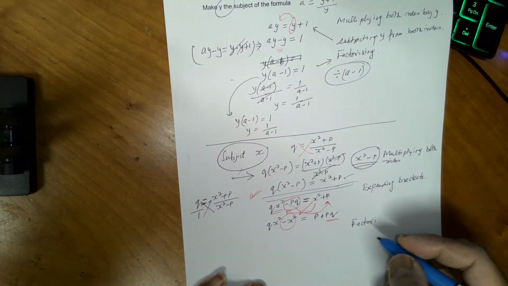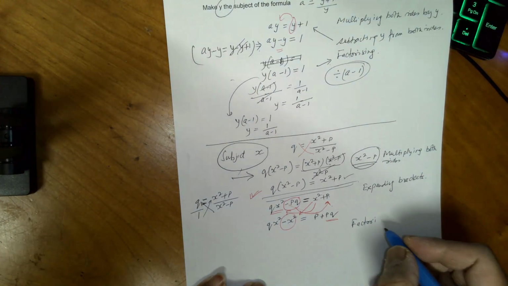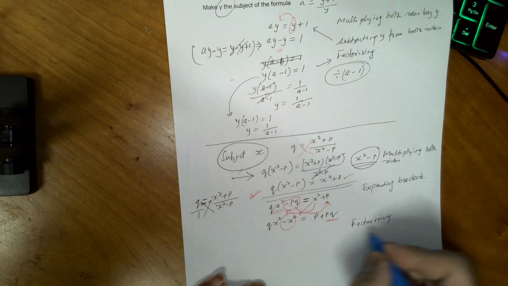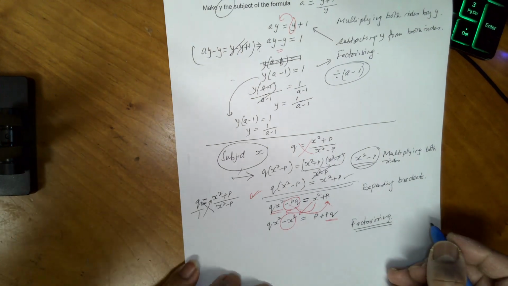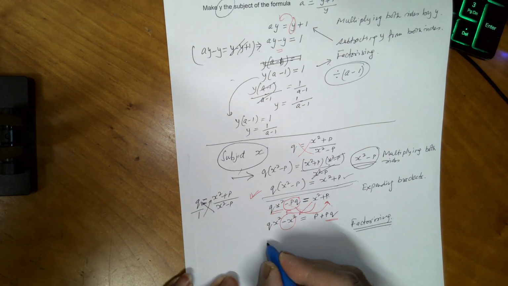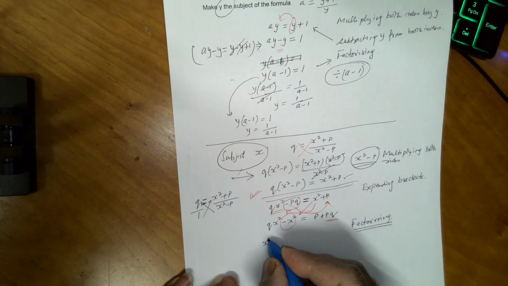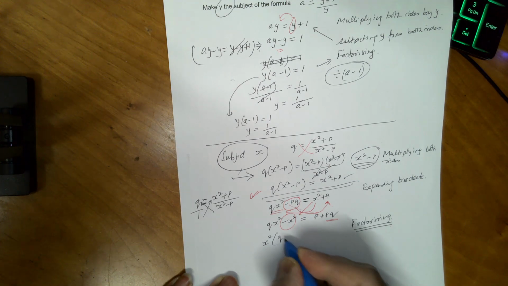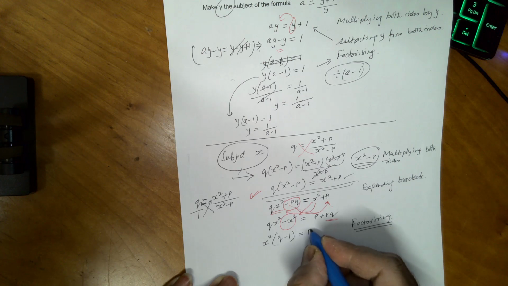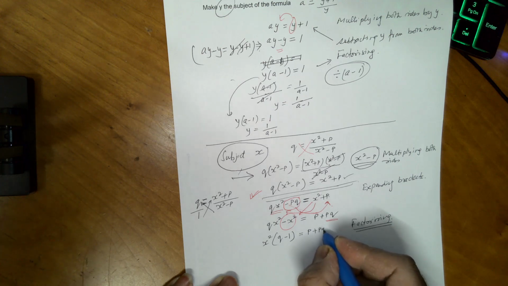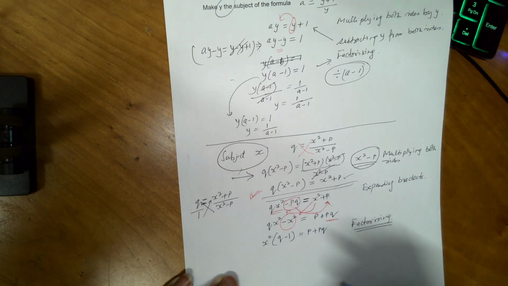So the factorizing, you will get, you can take x squared out, okay?